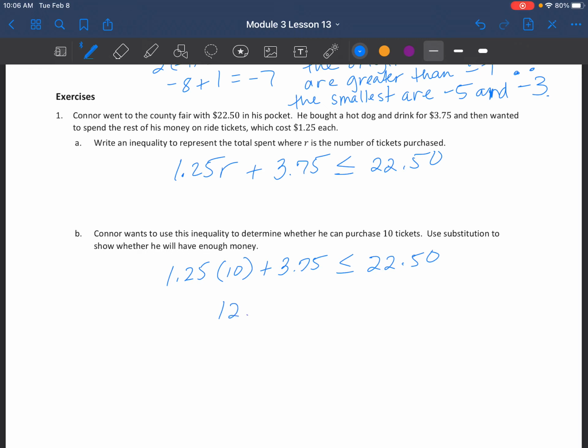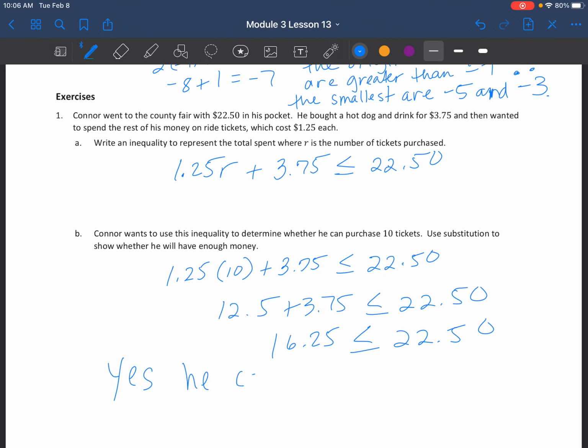Oh, I'm sorry. I am trying to solve an inequality, but we already have it. I just did that wrong. I apologize. So this is going to give me 1.25 times 10, which gives me 12.5 plus 3.75. I knew something wasn't right. I just couldn't figure it out at the moment.